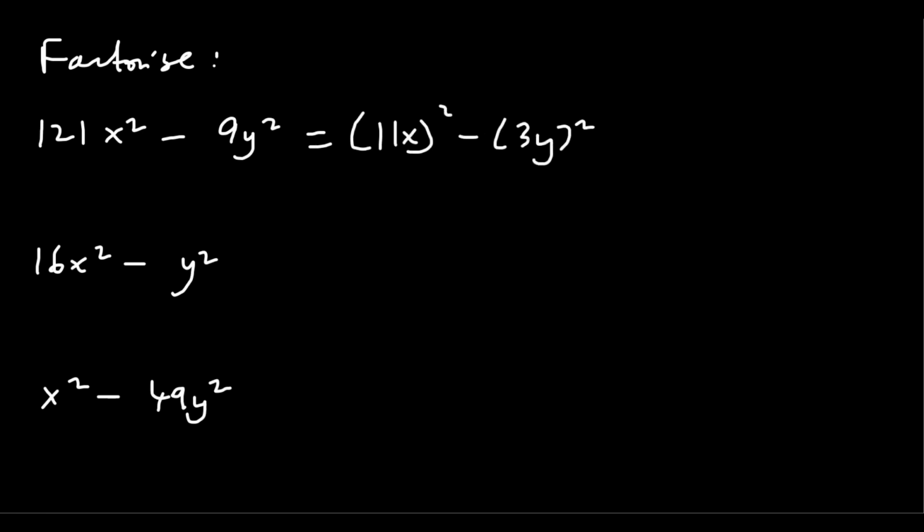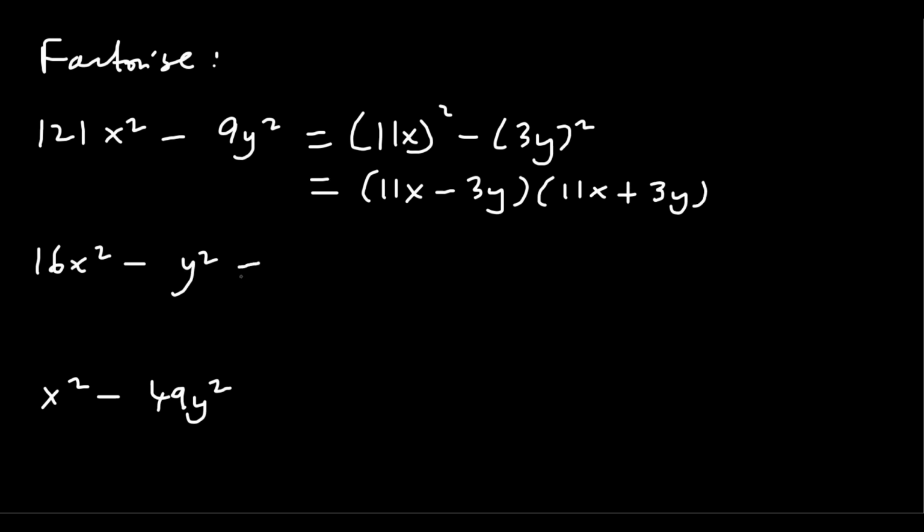It helps to know your square numbers, by the way. So you should really be able to recognize that these are square numbers. And the same goes for this and this. And then that would become 11x minus 3y times 11x plus 3y.